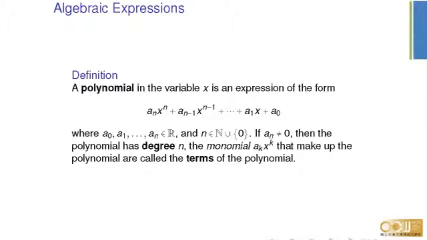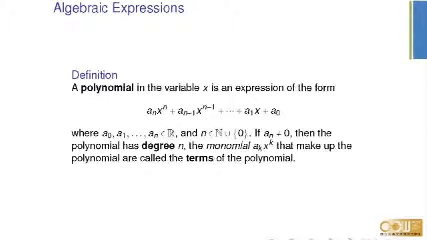If the leading coefficient a_n is not 0, we call it a polynomial of degree n, and each individual term is called a monomial; they make up the terms of the polynomial.